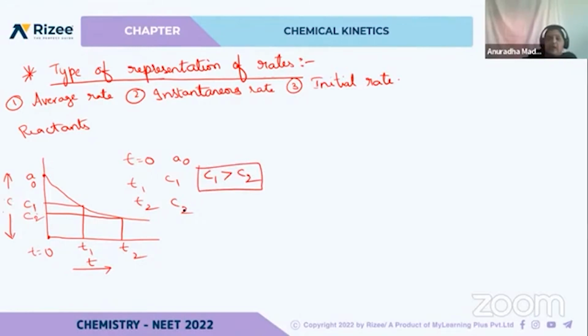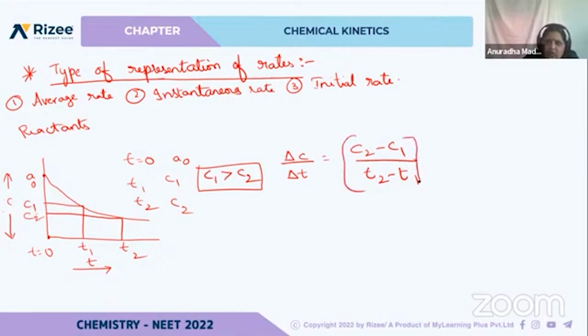So if we want to calculate the rate of concentration change, it means delta C by delta T, the change in concentration with respect to time. What do we mean by delta C? C2 minus C1, by T2 minus T1. Final concentration is C2, initial concentration is C1, so change means C2 minus C1. Final time is T2 and initial time is T1, so T2 minus T1.